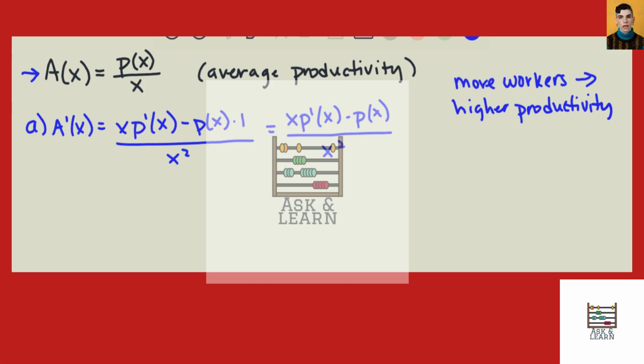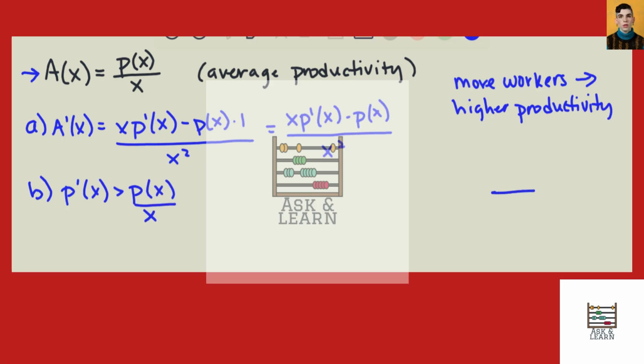Okay, now for part B, we're going to show that if the rate of change of productivity is greater than the average productivity, then the rate of change of the average will be positive.